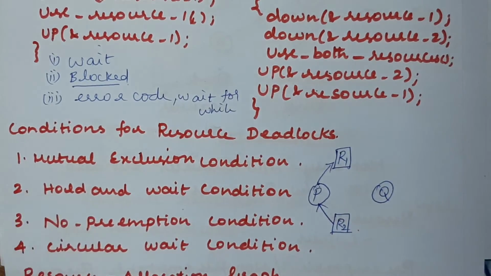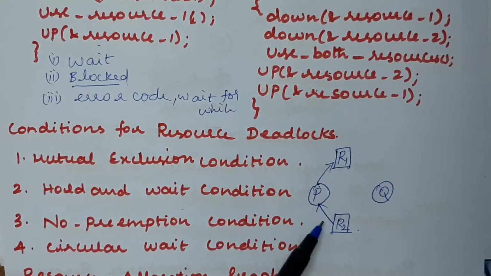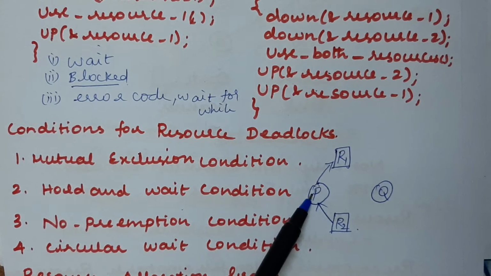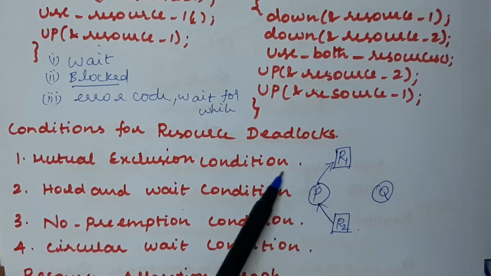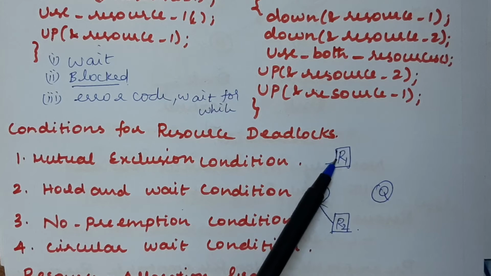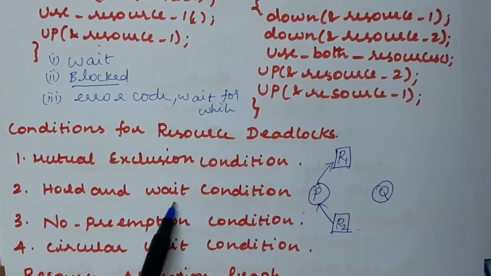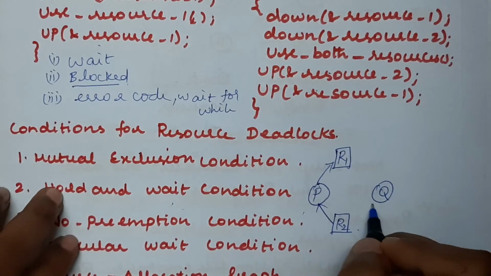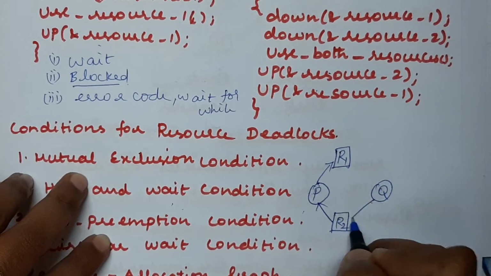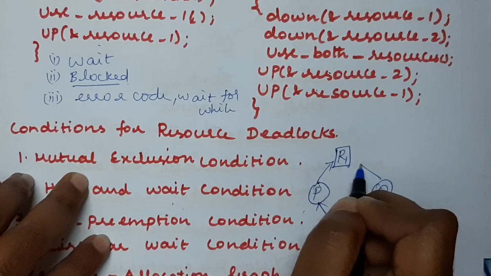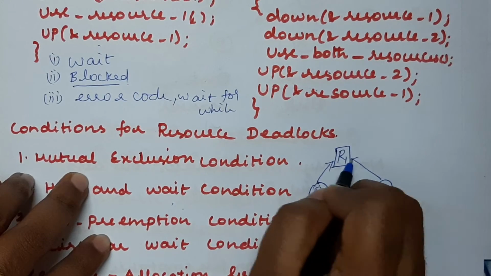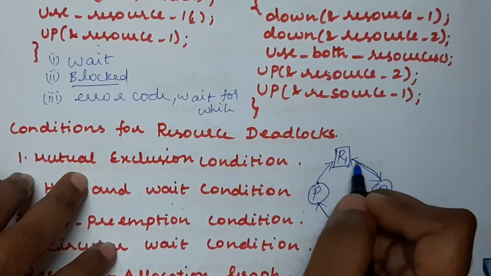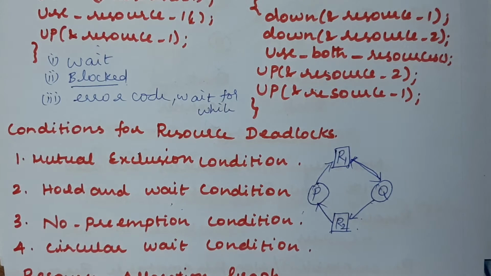Hold and wait means that a resource has already been given to process P, but it is again requesting some other resource. If this condition is satisfied, it will also lead to deadlock. Look here, there is another process Q, which is also requesting a resource, but R1 is already allocated to process Q. So it is also a deadlock.